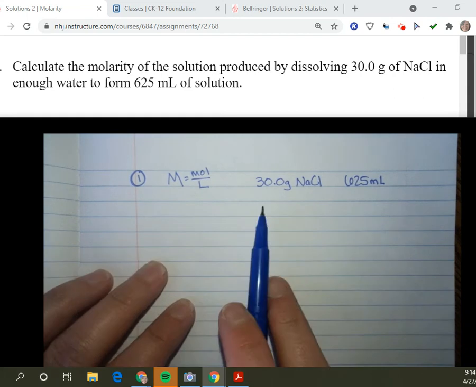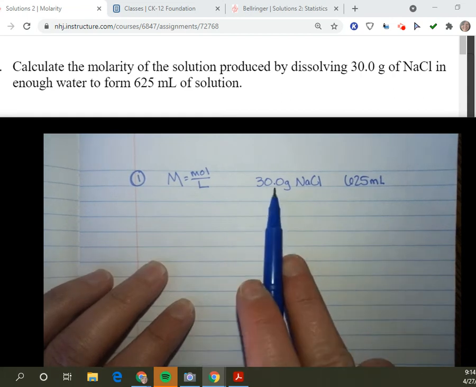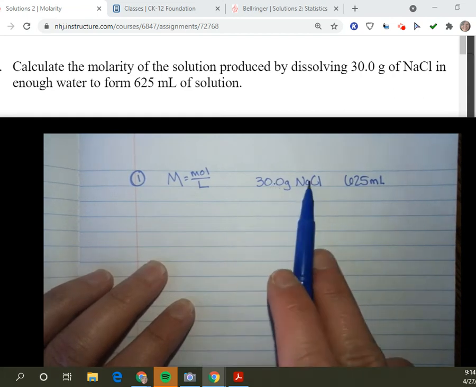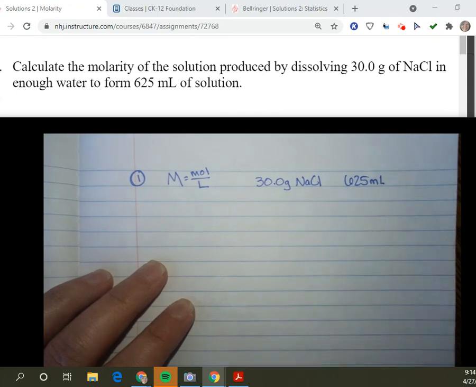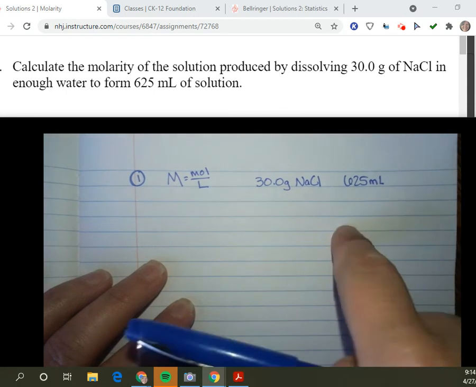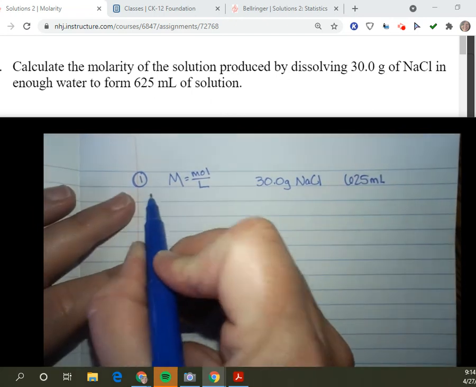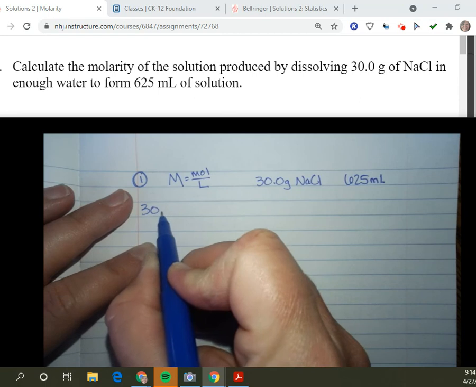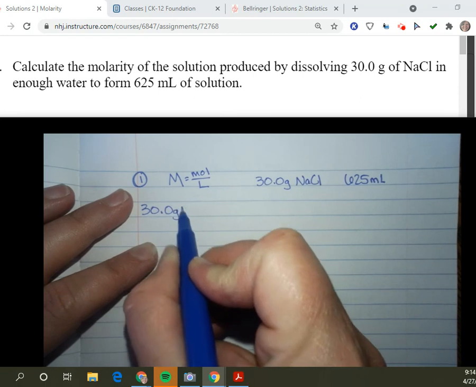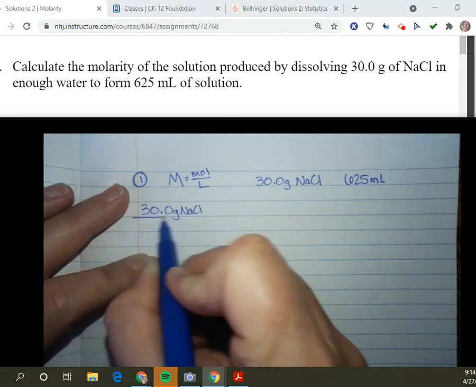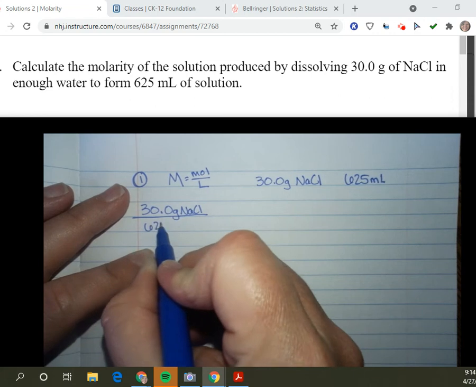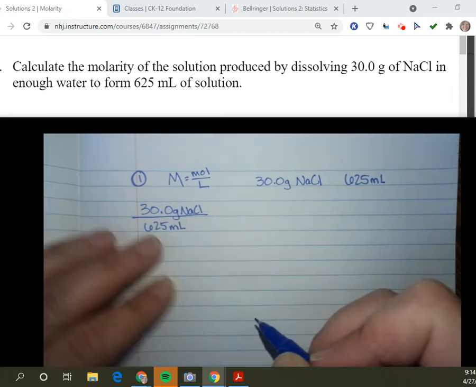All right. So we know that we're going to put this many grams of sodium chloride into this much solution. So this is one of those ones where we think, in the real world, I'm taking this salt and putting it in this much solution. So my concentration is 30.0 grams in 625 milliliters.